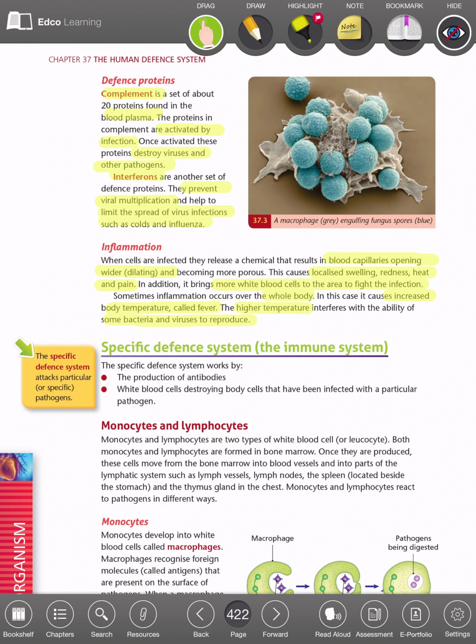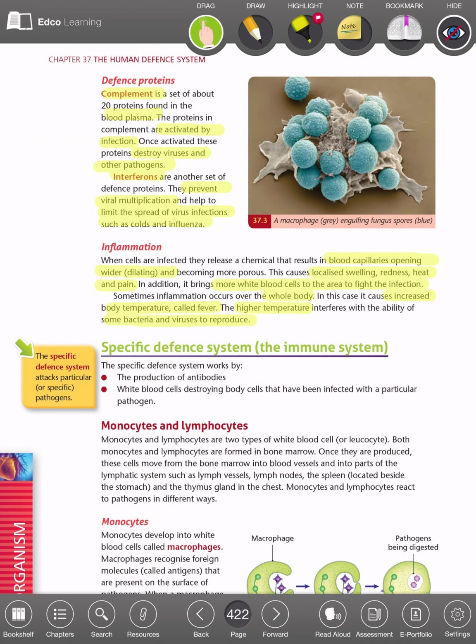Then your second line of general defense includes your white blood cell reaction, so things like your phagocytes, your macrophages, your defense proteins, and finally your inflammation. If we come back here, this is all summed up. You have your inflammatory reaction, your phagocyte white blood cells, and your complement proteins. Those things are underlined.